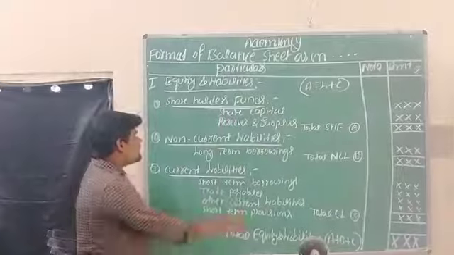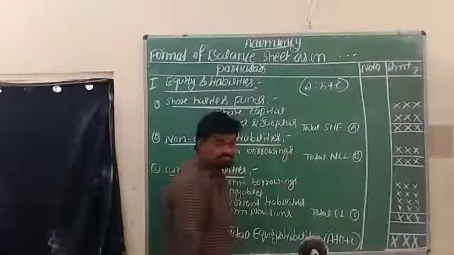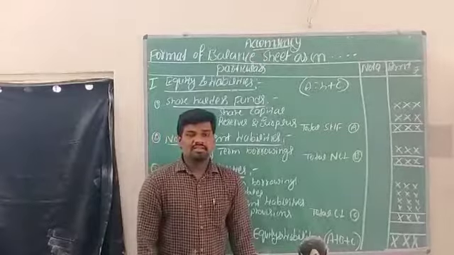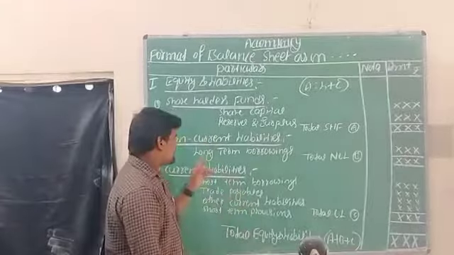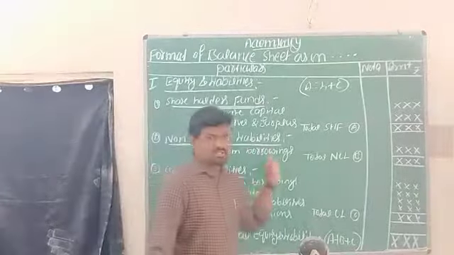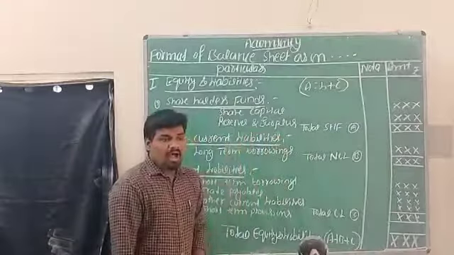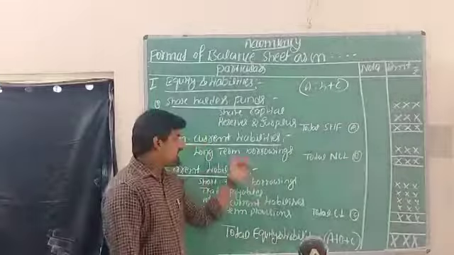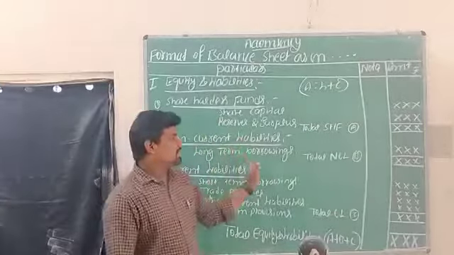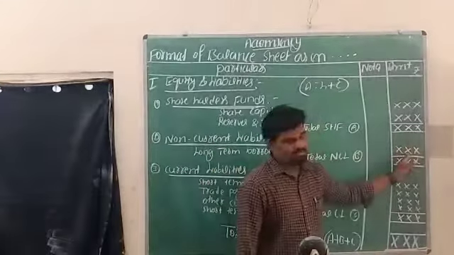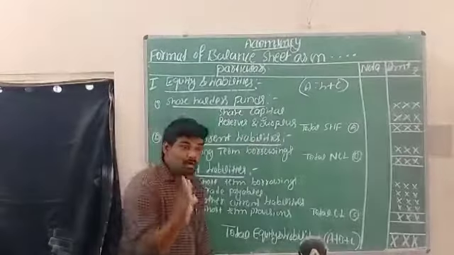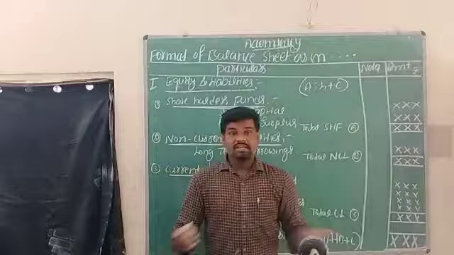The second one is non-current liabilities. Non-current liabilities means those liabilities are long term. Here there will be long-term borrowings and long-term loans, I mean debentures. All these transactions we can record under this heading. In the amount column, we just show XX values. Under this heading we can record only long-term borrowings as well as long-term loans, including debentures.